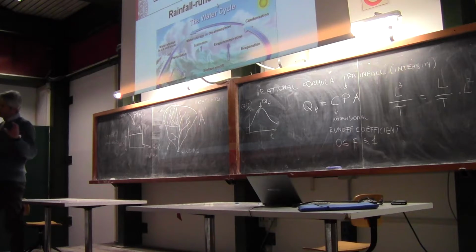But actually, given that it's a formula that is conceived to provide an estimate of a flood flow, we should use there a rainfall value that corresponds to a flood.